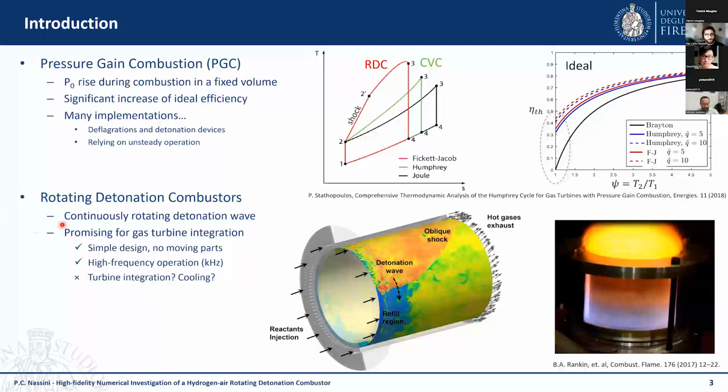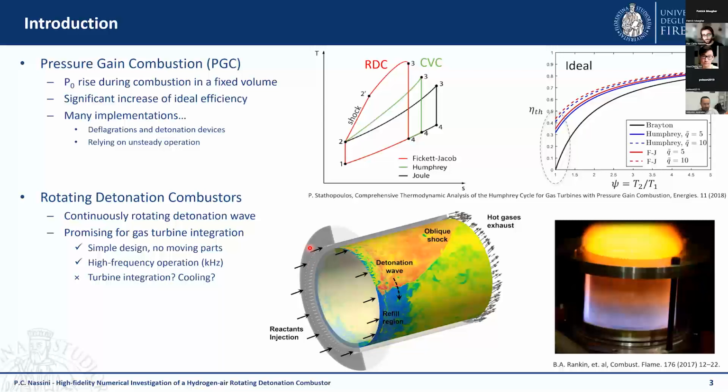As you probably already know, when you are talking about rotating detonation combustion, we are talking about pressure gain combustion. By that we mean all the families of physical processes which allow a total pressure increase during the combustion cycle, which is happening in a fixed volume combustion chamber.